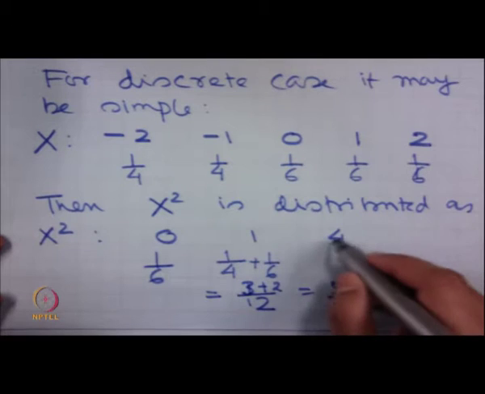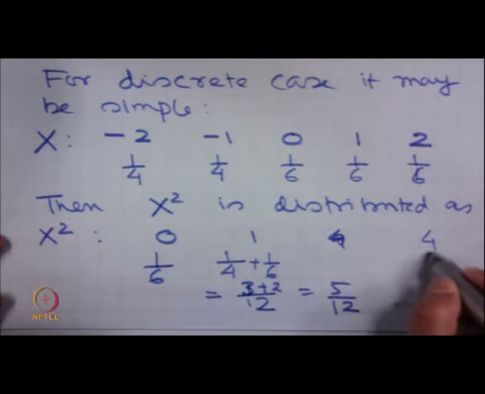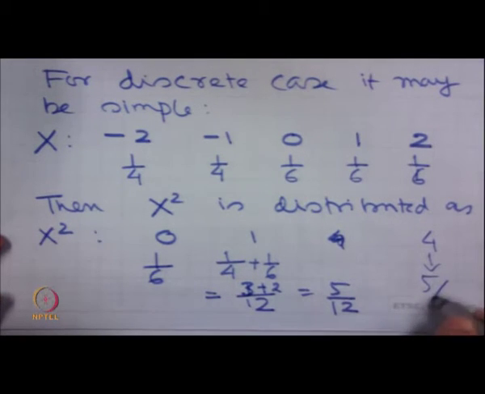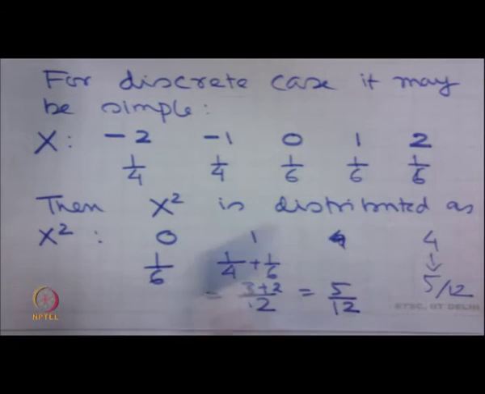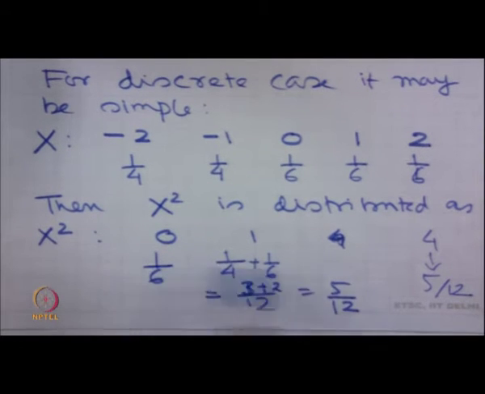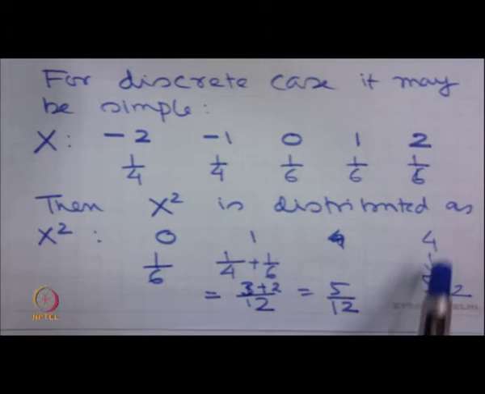Similarly, probability x square is equal to 4 will be coming out to be 5 by 12. Therefore, from the distribution of x, we can get the distribution of x square to be 1 by 6, 5 by 12 for 1 and 5 by 12 for 4.